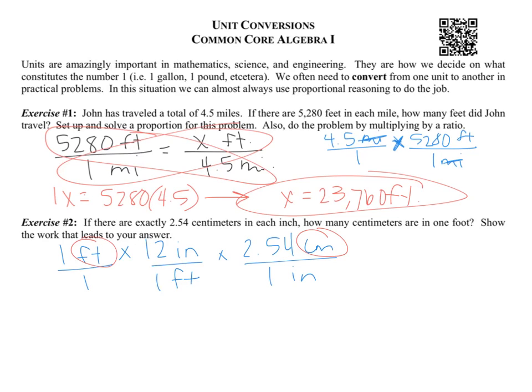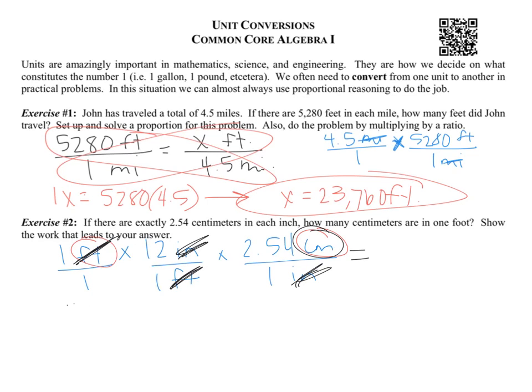So what you want to do is set it up so that you cancel out the feet and you cancel out the inches. If you are multiplying by a foot but also dividing by a foot, then it cancels out. If you're multiplying by an inch but also dividing by an inch, then it cancels out. And all that's left over is the centimeter. So now you multiply by everything on the top and divide by everything on the bottom.